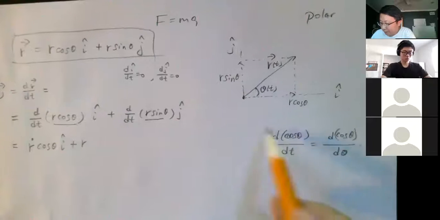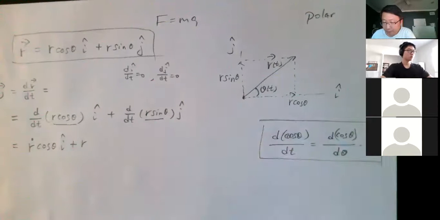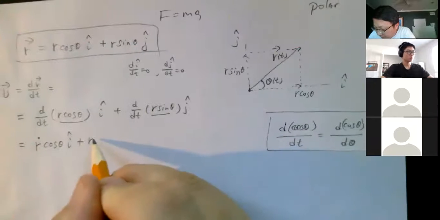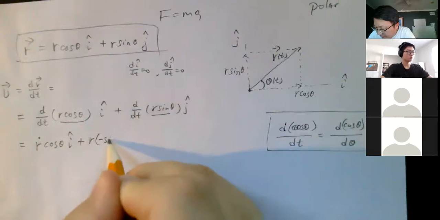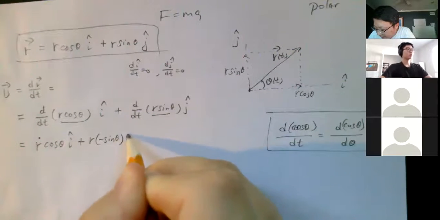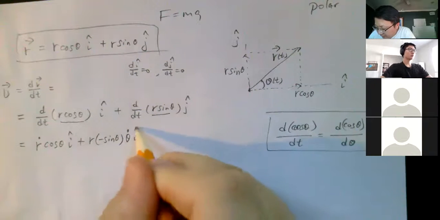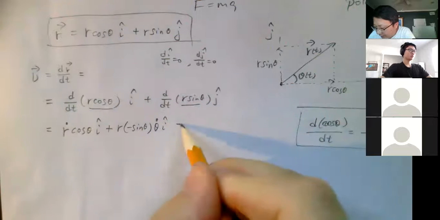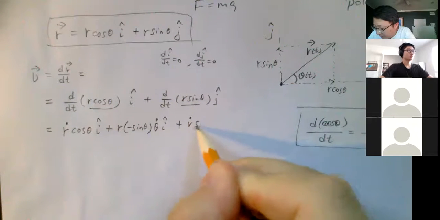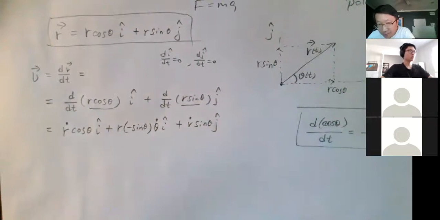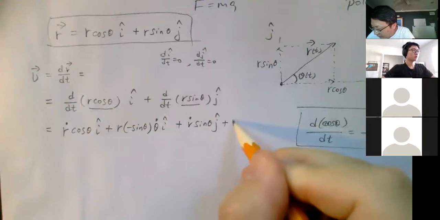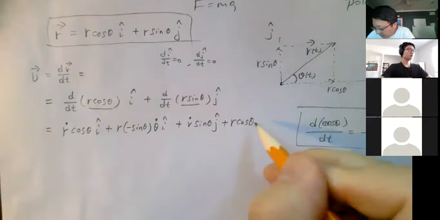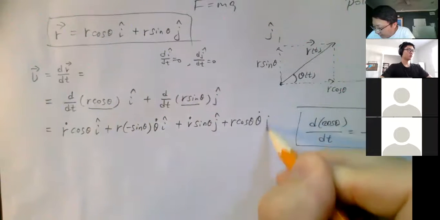Okay, we talked about it, right? Now cosine theta becomes minus sine theta, then d theta dt. So this is the first term of here. The second term you can do also, r sine theta, now is j, and then the second term is r, sine theta dt becomes cosine theta d theta dt j.